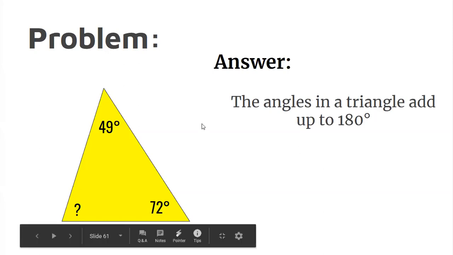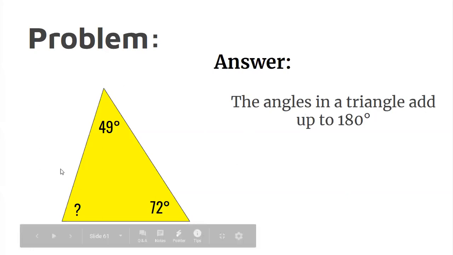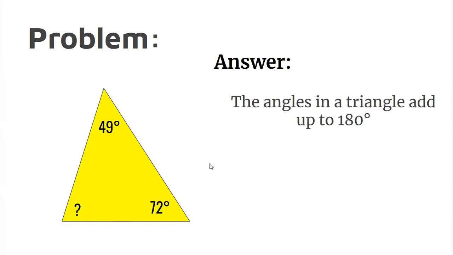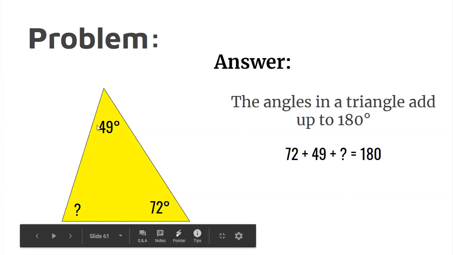Okay. So next, we should know that the angles in a triangle add up to 180 degrees. So this might be repetitive, but here. You place 72 plus 49 plus unknown angle equals 180.